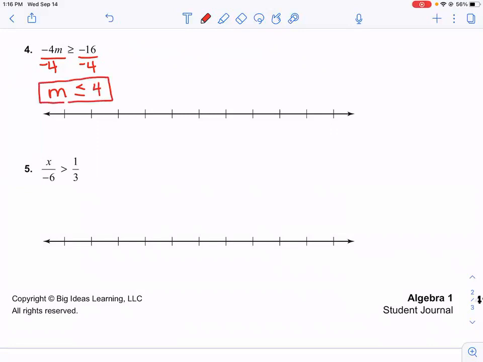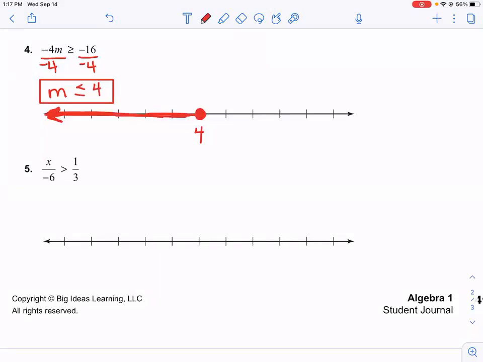Do you agree? So Amelia, open circle or close circle at 4? Close, and which way do I shade? Okay. So with the help of Nathan and Amelia, this is what I have up on the board. Do you agree?